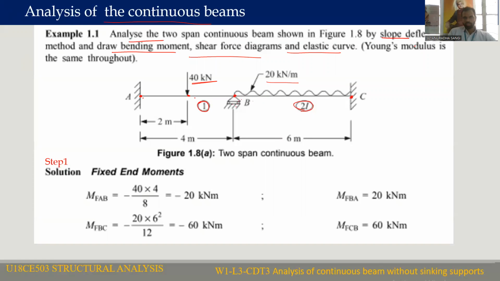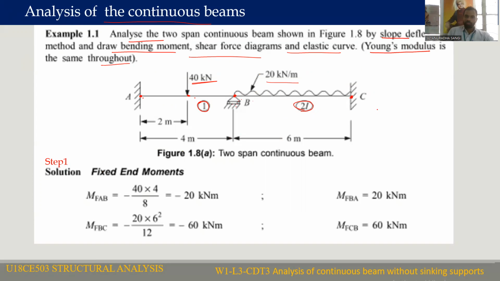Young's modulus is the same throughout the continuous beam, that is, E is constant. So this is the given problem.